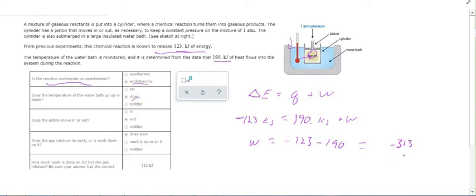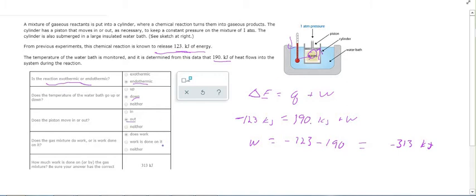Work is negative in this case, and if work is negative, that means the system is doing work, if you remember from lecture. And so if it's doing work, that piston is going to move out. Okay, so that would be this answer.